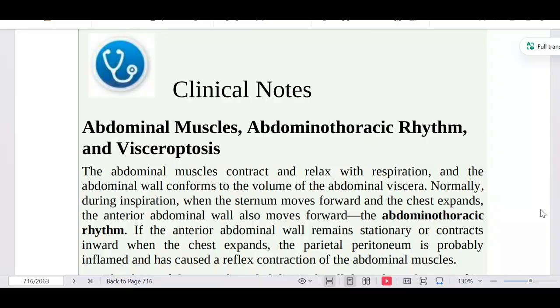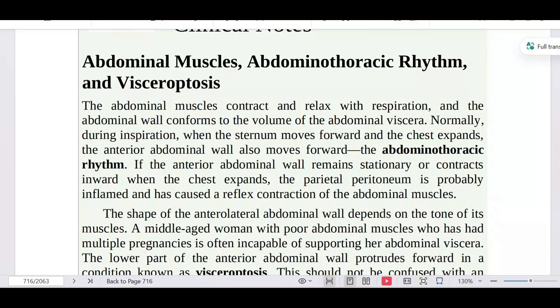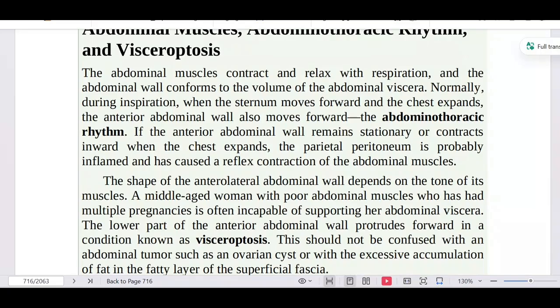Now when this abdominothoracic rhythm is disturbed, either the abdominal wall will remain stationary, or it will contract as a result of a reflex caused by the anterolateral abdominal muscles, and that is actually a clinical condition. Now there is also another clinical condition discussed, that is visceroptosis. You all know the shape of the anterolateral abdominal wall depends on the tone of muscles.